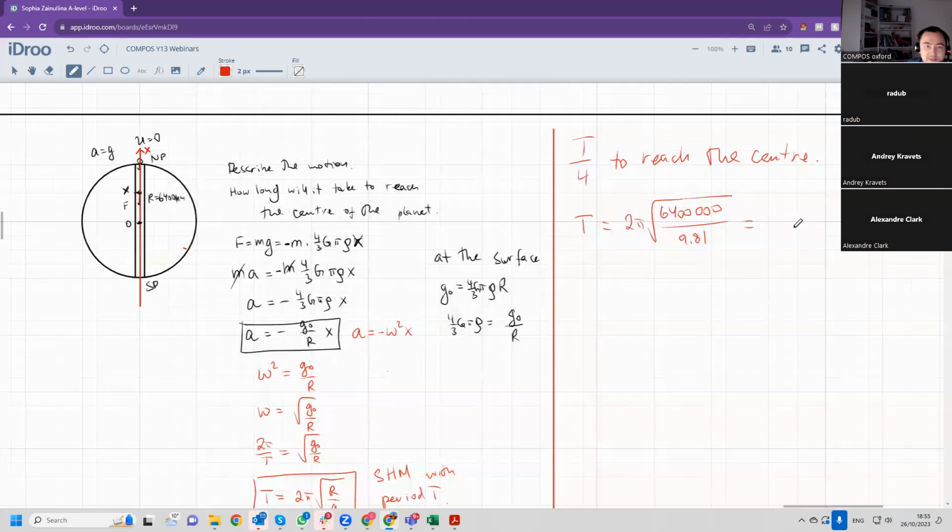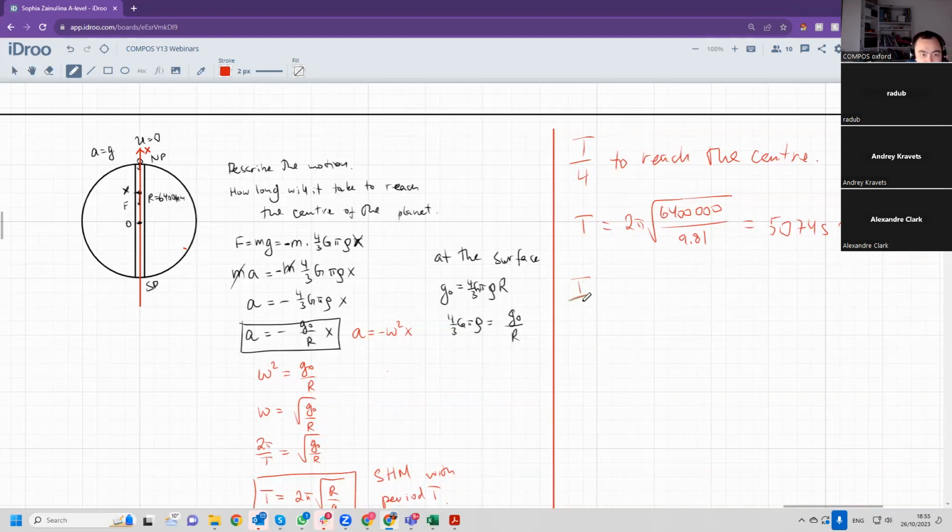You get 5,074 seconds, which divided by 60 is 84.6 minutes.